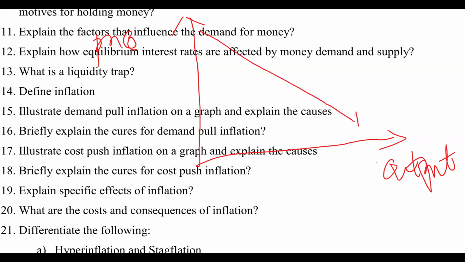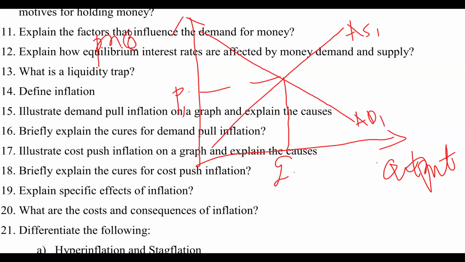Let's say this is AD1, aggregate demand 1, and the aggregate supply 1. So there is this equilibrium price, follow nicely. I'm showing you the graphical representation of the same. So this is the graph.